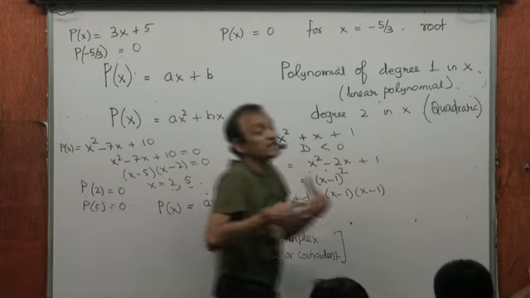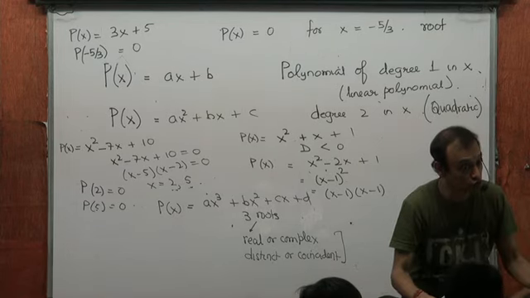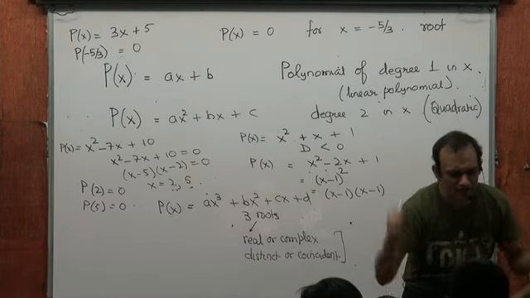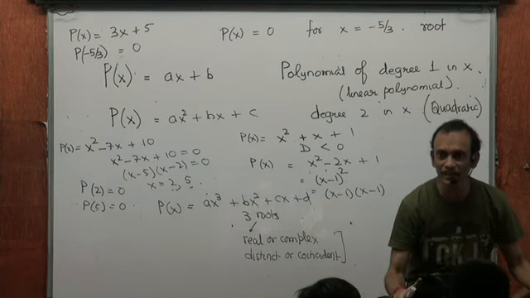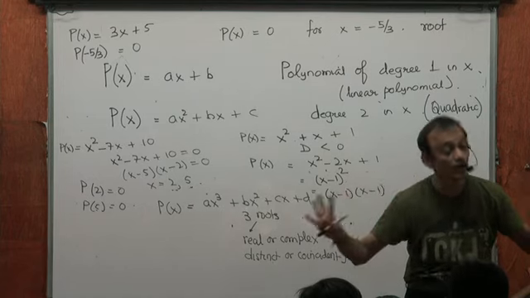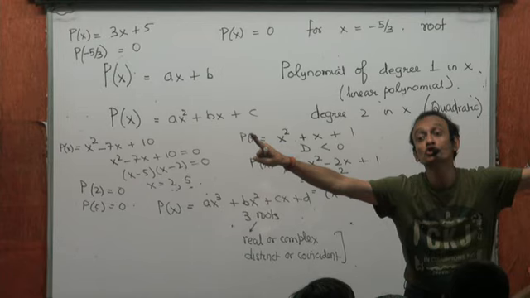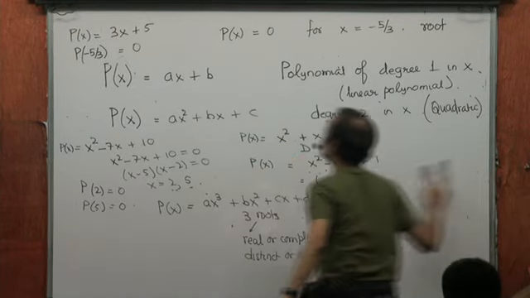In a very generalized sense, a polynomial of degree 4 will have exactly four roots. That means there are four values of x for which it will vanish. A polynomial of degree 5 will have exactly 5 roots. A polynomial of degree n will have exactly n roots, real or complex, distinct or coincident.